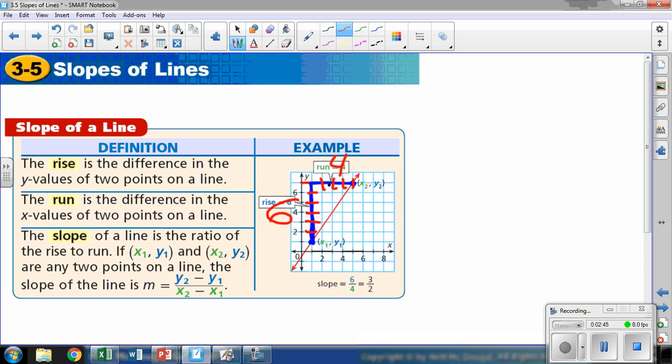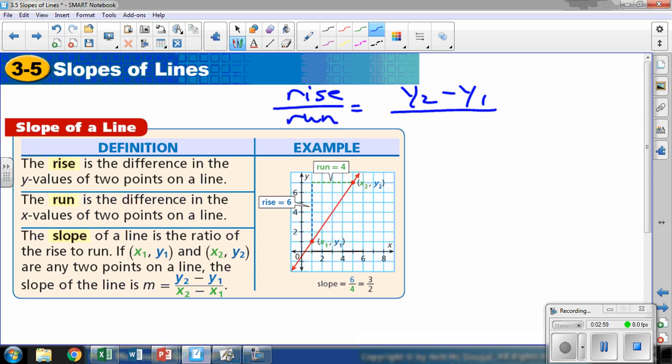You also would have gone over the formula to get slope. That rise over run, we could get by finding the difference between the 2 y-coordinates. In particular, if this has a y-coordinate of 7, and this is a y-coordinate of 1, 7 subtract 1 will give us that rise of 6 that we got by counting.